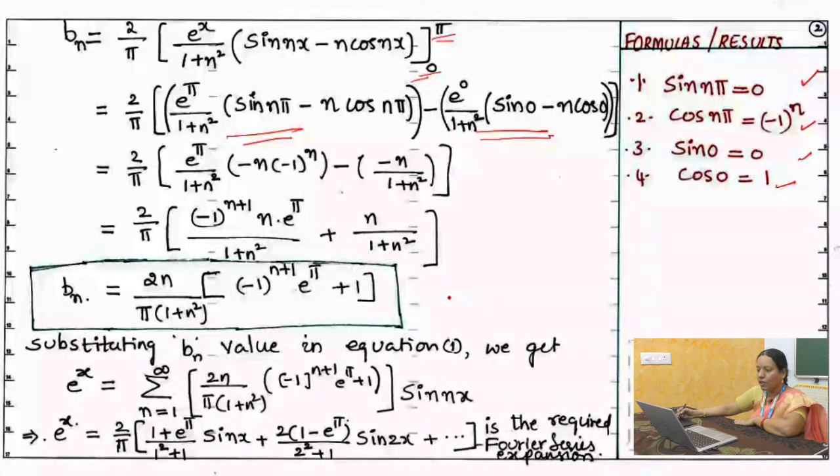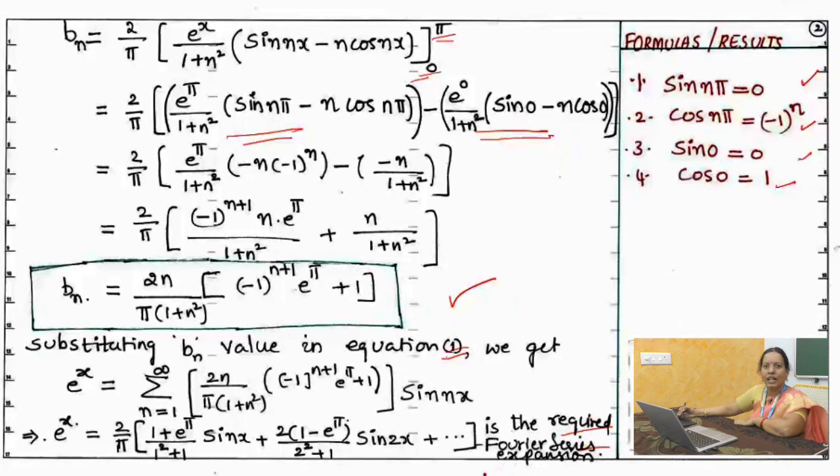Finally, you got the value of Bn is this one, that is 2n by pi into 1 plus n square into minus 1 power n plus 1 e power pi plus 1. Just substitute the value of Bn in equation 1. Now substituting and expanding the summation, you get your required Fourier series expansion.